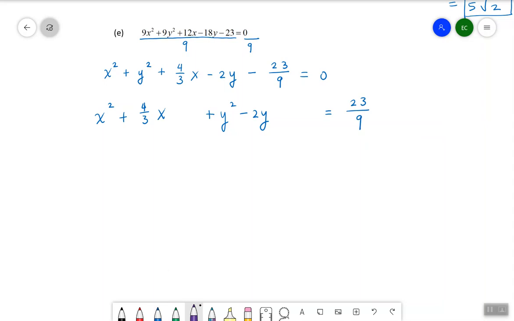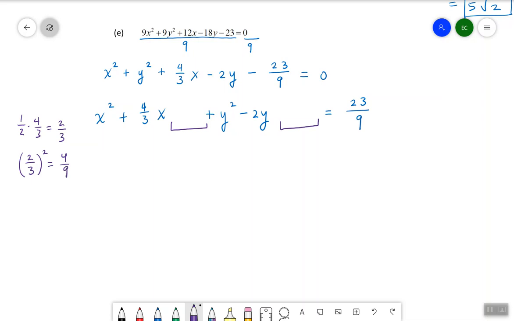Okay, so what do we need to add on here to complete the square on x and y? Let's do the hard one first, and then we'll do the easier one. The numbers are a little nicer for y. For x, we need to take half of the coefficient on x. So half of 4/3 is going to be 2/3. And then we need to square the 2/3 to get 4/9.